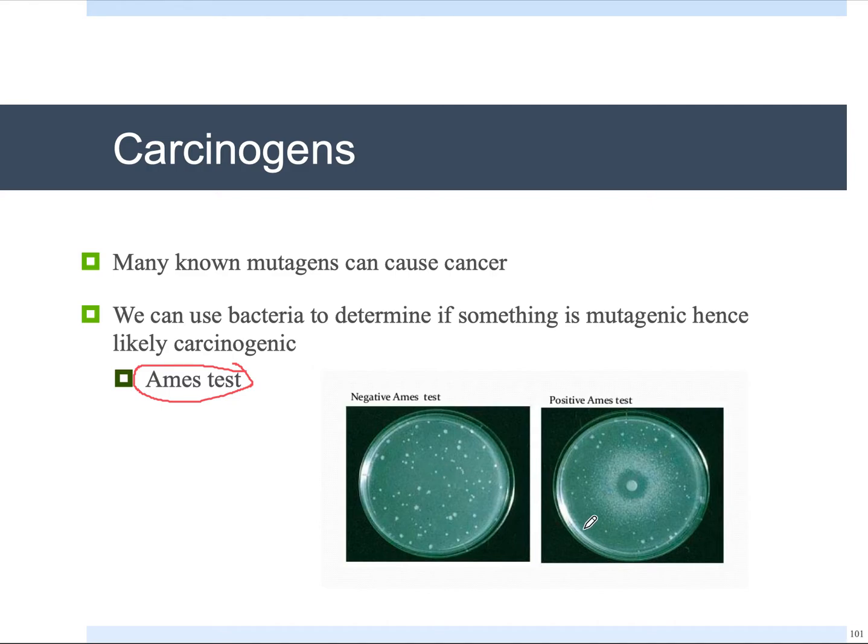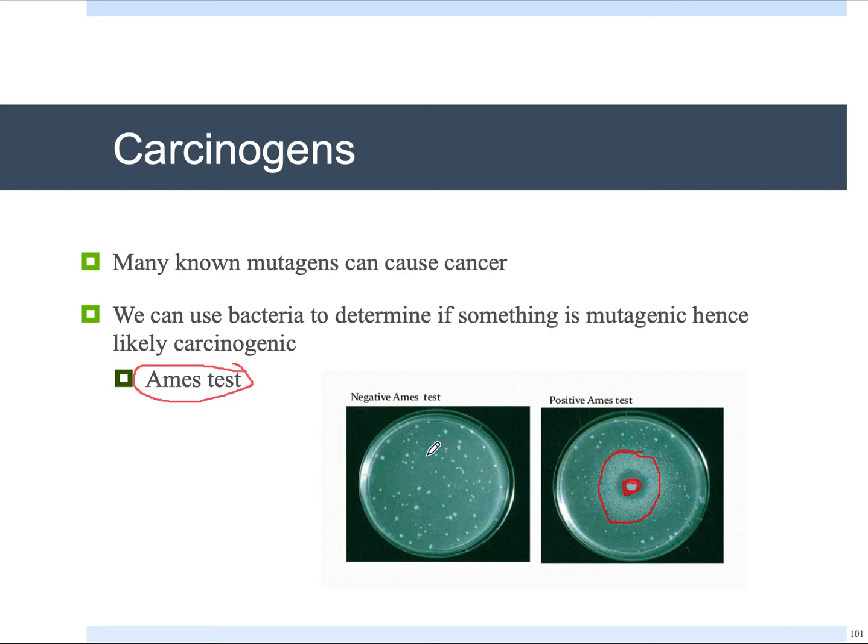However, if we expose those organisms that do not have the ability to produce their own histidine to the suspected carcinogenic element or compound, and we see growth happening on the medium, what it then tells us is that there has been a change in the genetic composition of the microorganism, so that they have become histidine positive, and they are able to grow at a faster rate than normal.